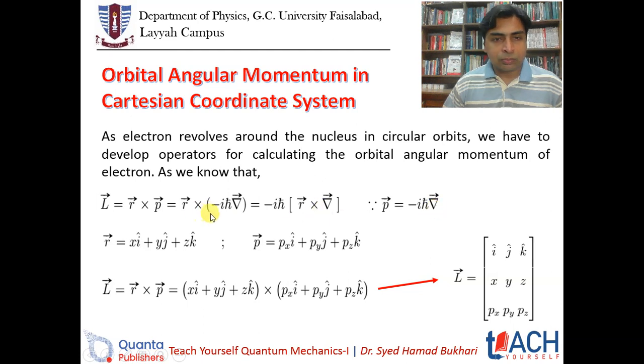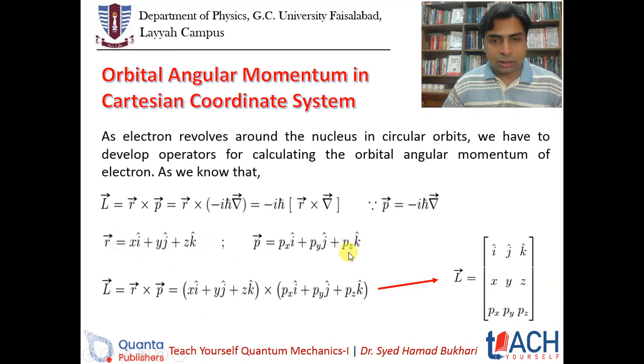So we put the value of P here, and then this minus iota h cut will be taken outside, and we will take the cross product of R cross del, where R is equal to this and P is equal to this.